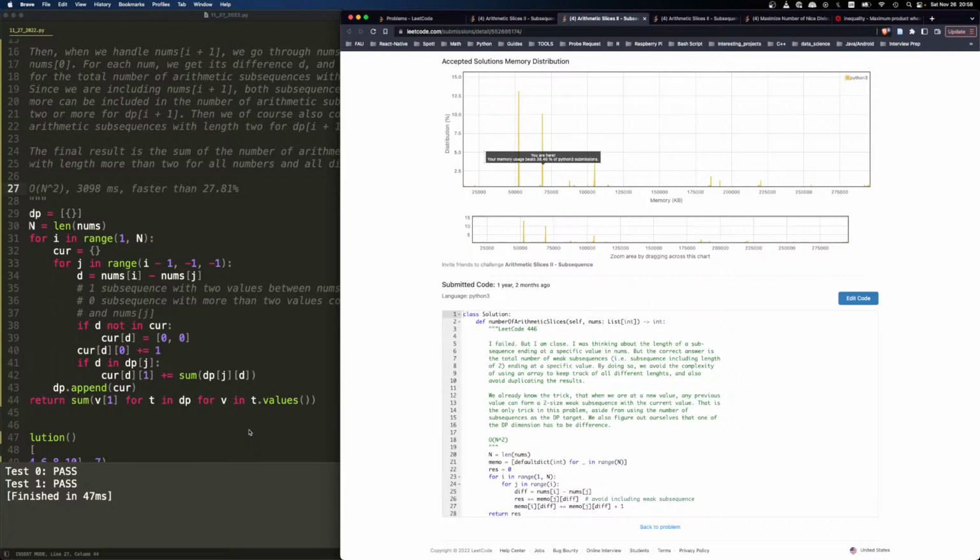Okay, I know the differences. So I go to the difference. It's going to be a defaultdict int. So that's the total number of sequences, right? Add that to res. And the diff equals previous diff plus 1. Avoid including the weak subsequence.